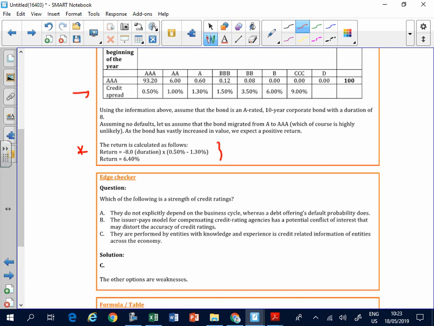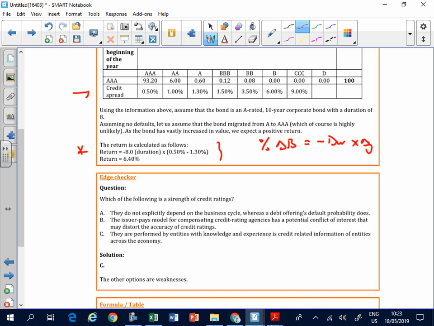Okay, so remember from level 1, this is level 2. How do you calculate the percentage price change in a bond? Times the change in yield. The percentage price change in a bond is equal to minus the duration times the change in the yield. Remember that? Okay, cool.